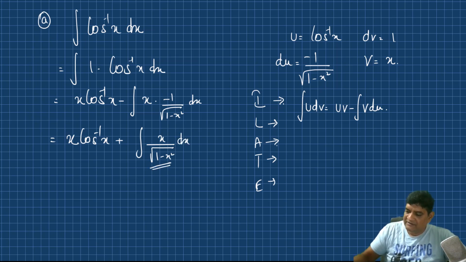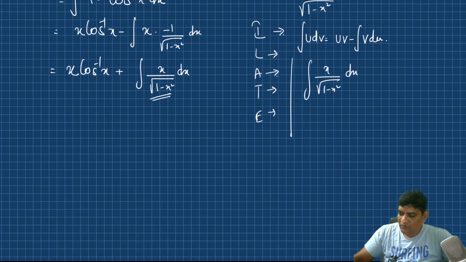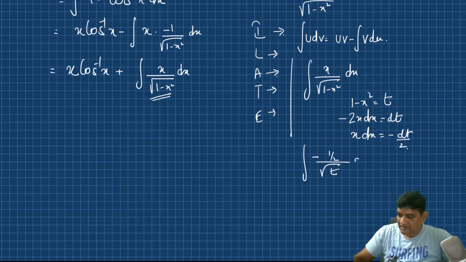So let's take this integral separately and then try to integrate it. I'm going to take 1 minus x squared, which is under the root, as, let's say, another variable t, and then I differentiate this. This is going to become minus 2x dx as equal to dt, and that would mean that x dx is minus dt by 2. So this integral will now change to minus 1 over 2 divided by root t dt.